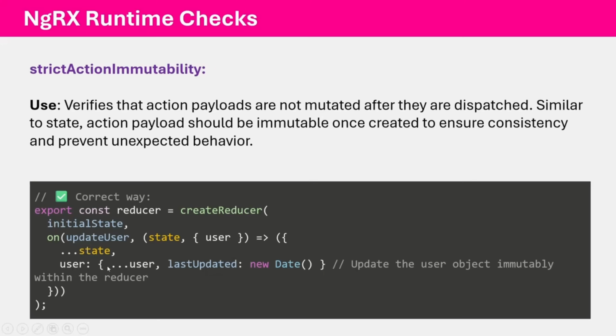In that payload, we are extracting all the properties of the user object and we are only updating the last updated property with the current date and time. So instead of mutating the original payload, which is dispatched with the action, we are creating a new payload and updating that. This strict action immutability check enforces us not to mutate the original payload, which is coming with the dispatched action.